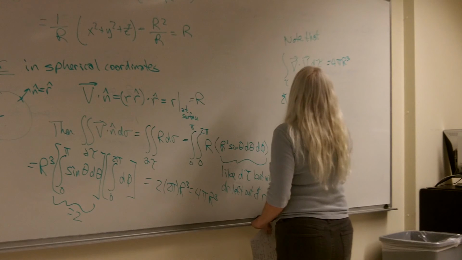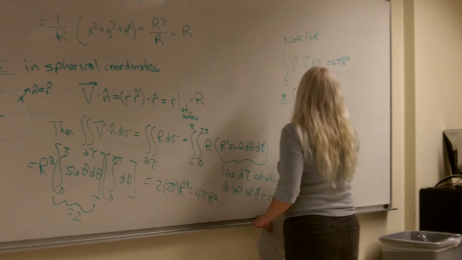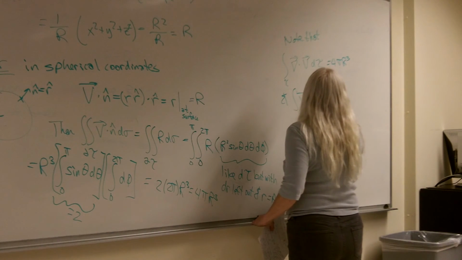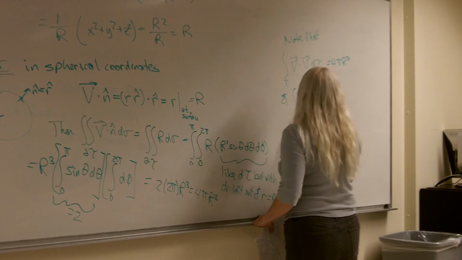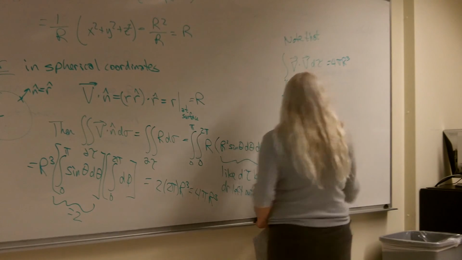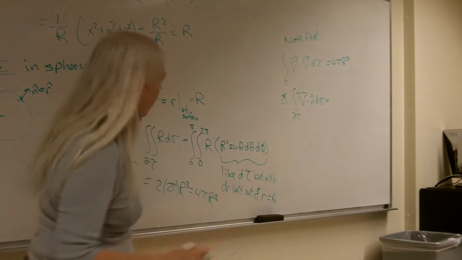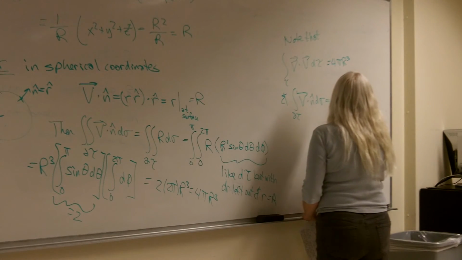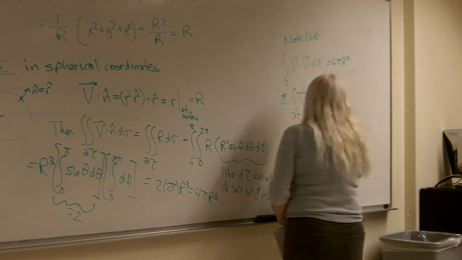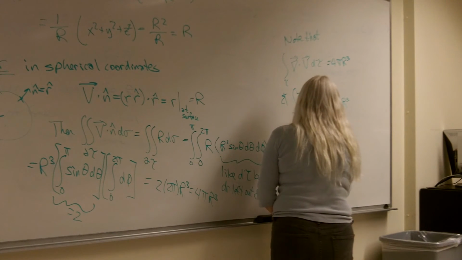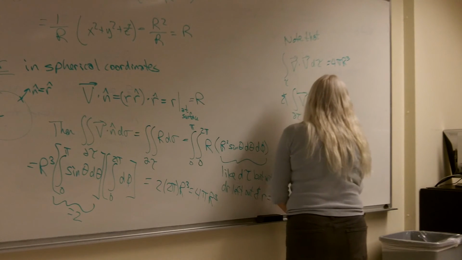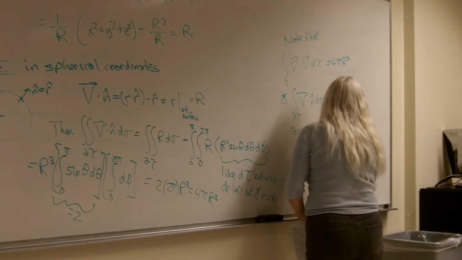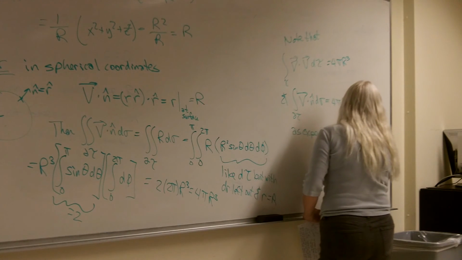We also evaluated V dot n hat d sigma over the boundary of this sphere, in other words, the surface area of the sphere, and we got 4 pi r cubed that way also. So we, of course, expected from the divergence theorem that these results should be equal, and they are.